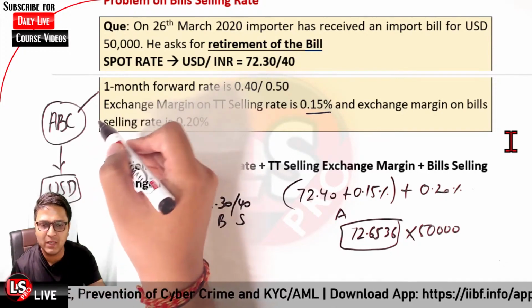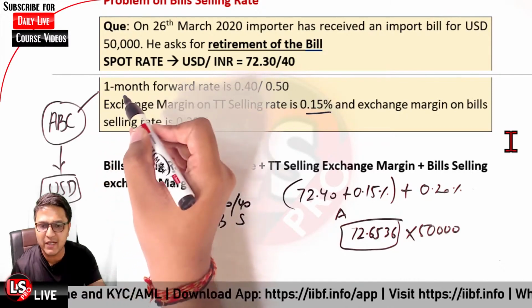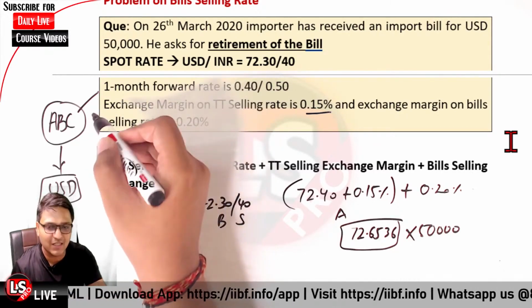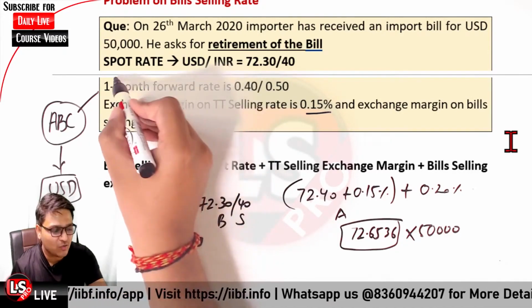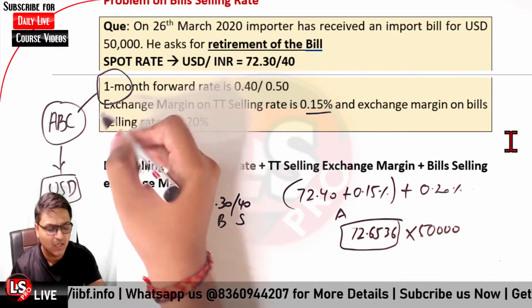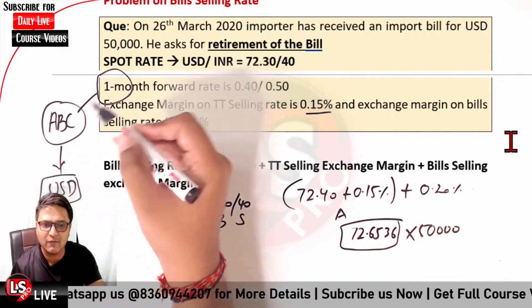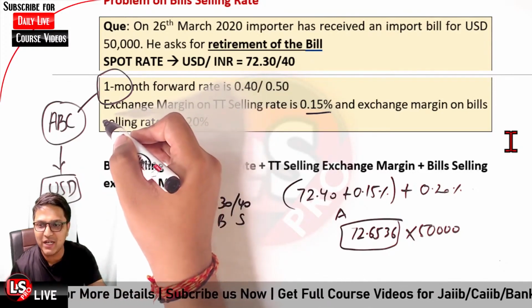Why would the bank not be taking the advantage of the market rates? Because the bank is there so as to earn some profit out of it. So the bank will be quoting the price to the customer as per the buying rate. It will not be saying that it already has the USDs in its account and need not purchase the USDs. So that is not the case.